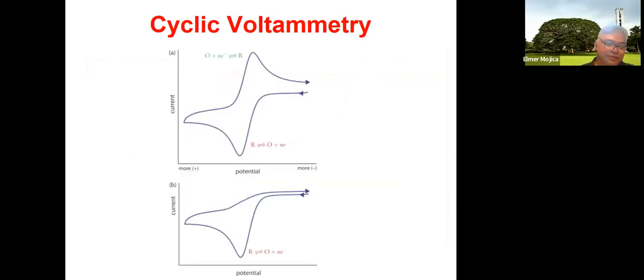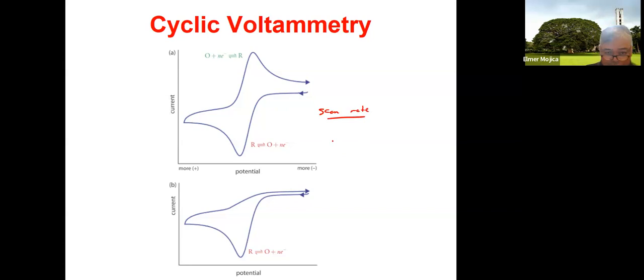Okay. So what can you say about this one? What if I tell you that this has the same compound? Are you going to believe me? What's the only difference between the two? Scan rate.